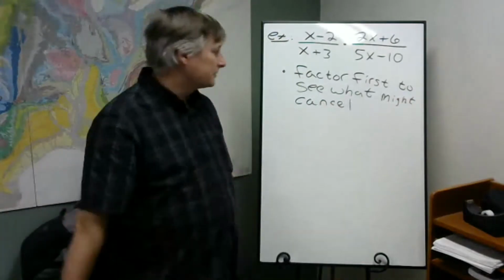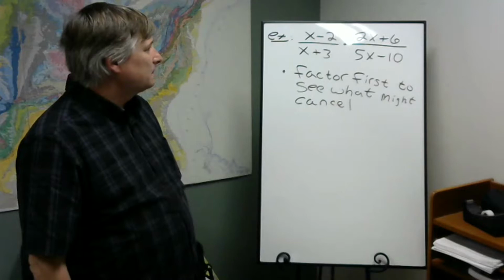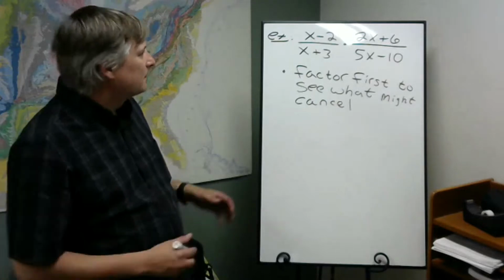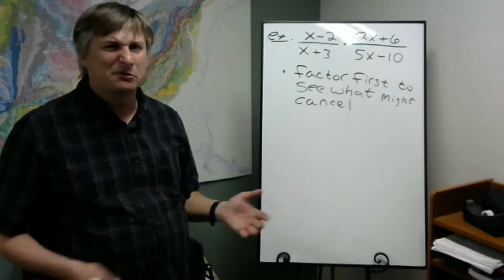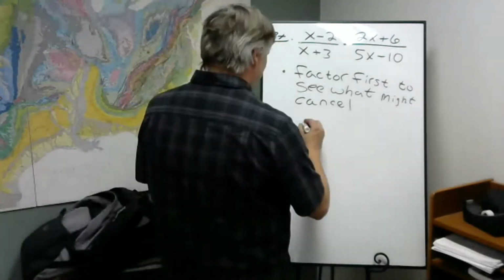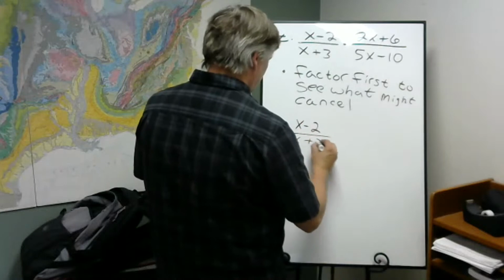So we'll factor first what might cancel. So let's take a look at these. X minus 2, x plus 3, nothing's going to factor out of those. I mean, maybe we'll have to factor out a minus 1, but we'll see.